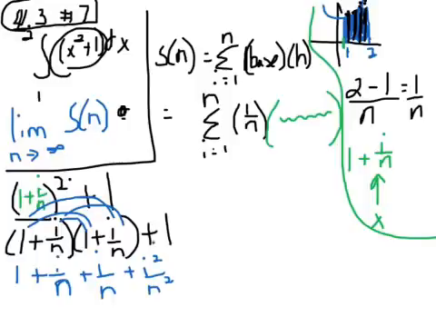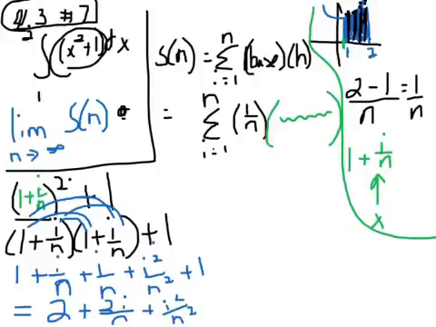And then I've got this plus 1 on the end. If I simplify this and put the like terms together, 1 plus 1 is 2. i over n plus another i over n is 2i over n. And then I've got plus i squared over n squared. So this is going to be what I've got to put in this place.